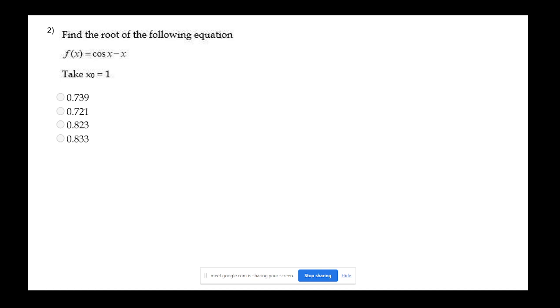Now the next question is, find out the root of the following equation. Here you are given f(x) equals cos x minus x. One of the best methods is the Newton-Raphson method, so we will use it to solve this.